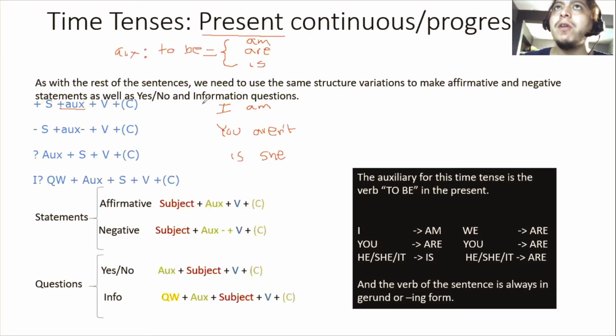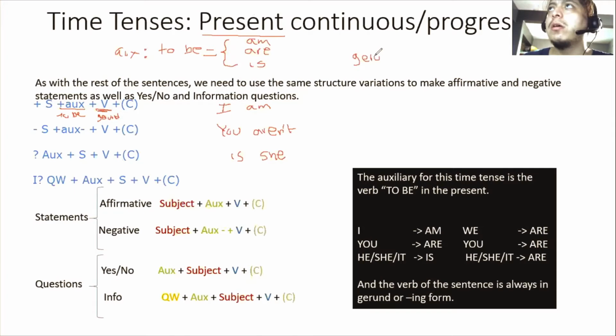And then the verb. Whenever you have continuous or progressive time tenses, this verb to be is conjugated in the present, because this is the present continuous, and this verb is always in gerund. What is gerund?